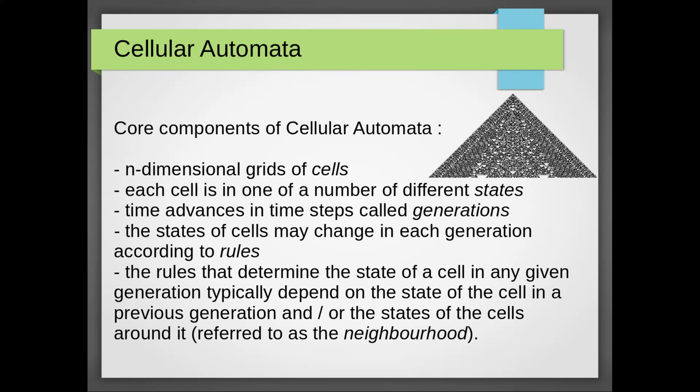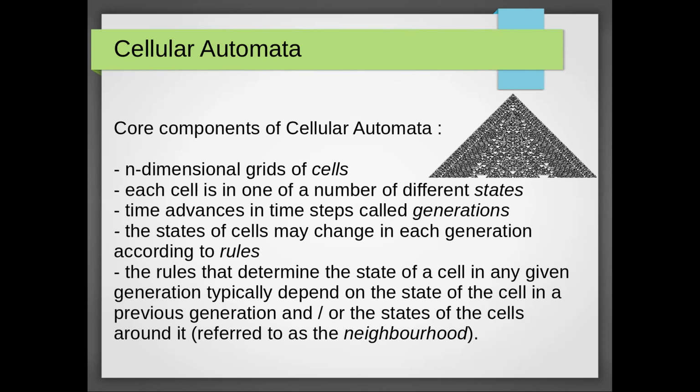And the rules that determine the state of a cell in any given generation will typically depend on the state of that particular cell in a previous generation, and/or the states of the cells around it, which we refer to as the neighborhood. So basically, you've got lots of cells. Each of those cells is in one of many different states.